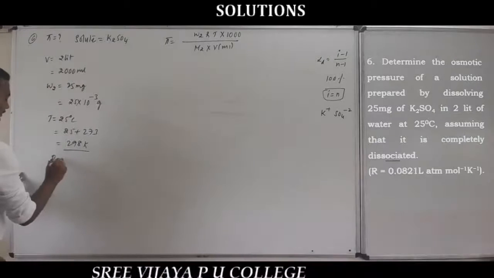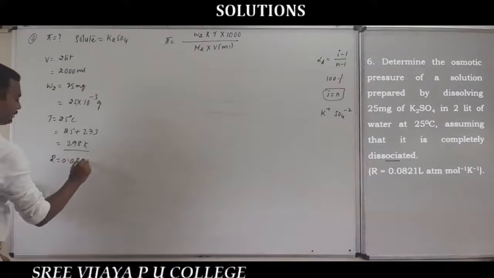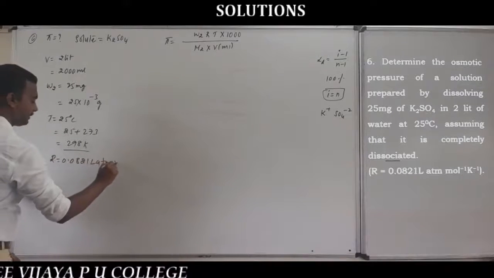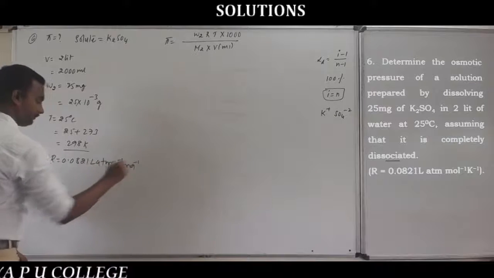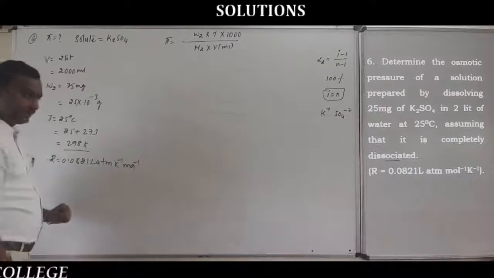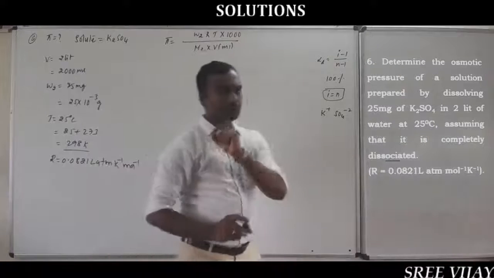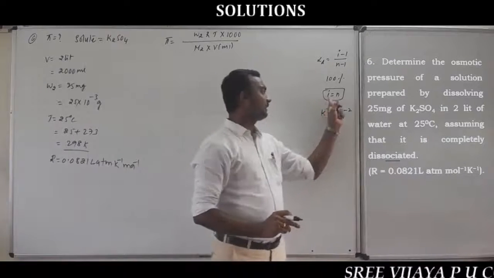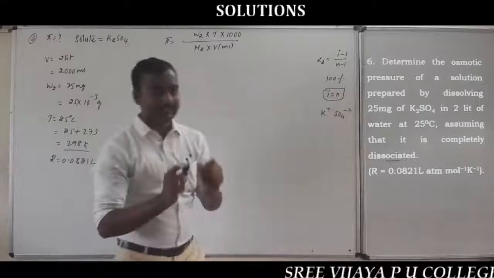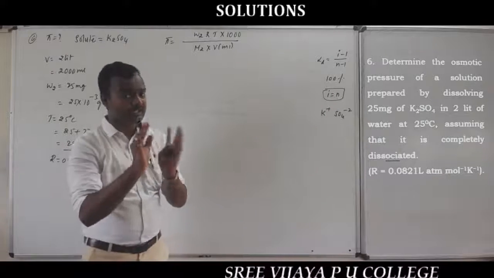R value is given: R is equal to 0.0821 liter atmosphere per mole per Kelvin. And completely dissociated, again when the solute undergoes complete dissociation, i value is equal to n, the number of particles after dissociation.